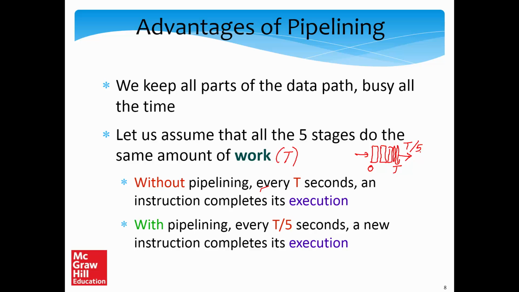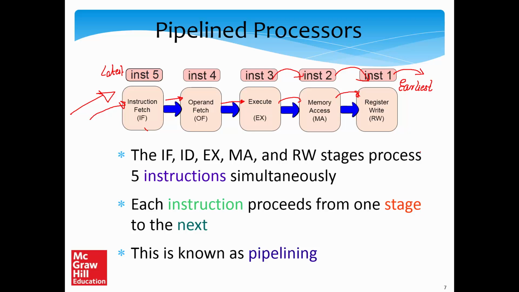remember that since we have broken down the data path into 5 parts, every part will take, instead of T seconds, T by 5 seconds. Which basically means that for an instruction to move from here to here, it will take T by 5.